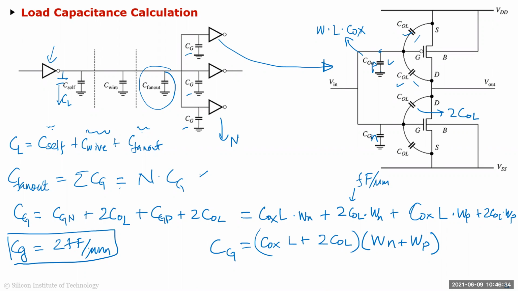Okay, so if you have a certain W, then the total cap CG is going to be W times this small CG, which is, so if you have a 1 micrometer width, then it's going to be 2 femtofarad. If you have 2 micrometer width, it's going to be 4 femtofarad and so on. Okay.